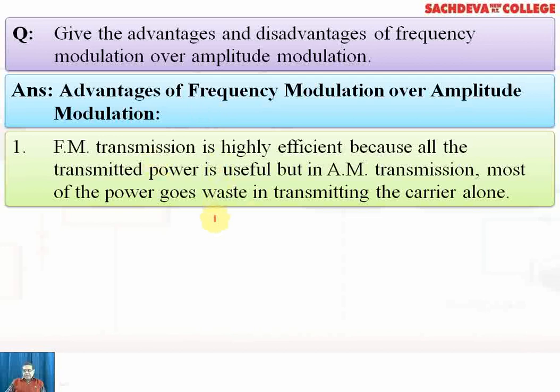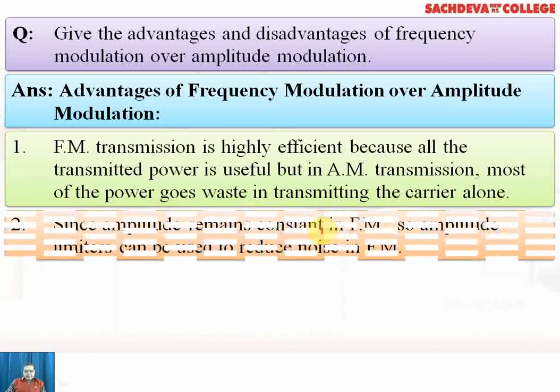It is highly efficient because all the transmitted power is useful, but in amplitude modulation, most of the power goes to waste in transmitting the carrier alone. So in the transducer, we find that some energy losses are there. Basically, FM transmission is faster as compared to AM transmission.